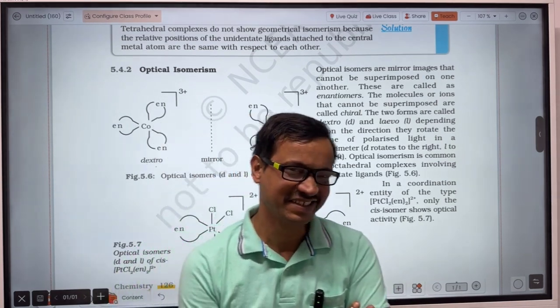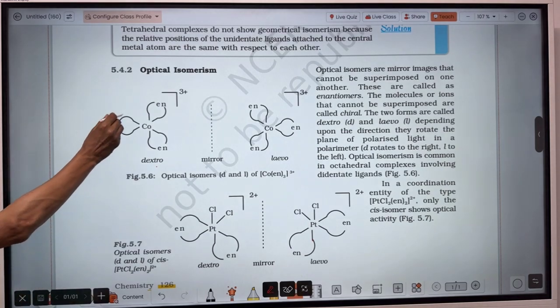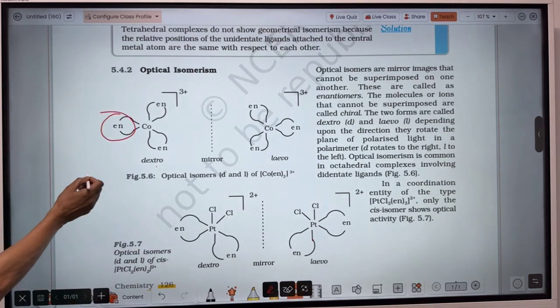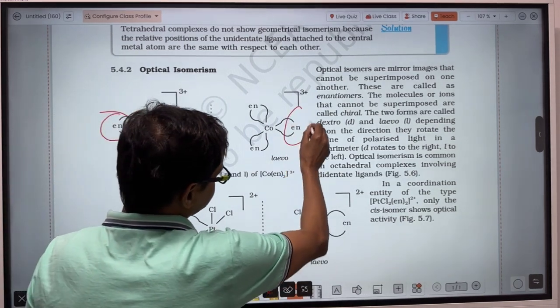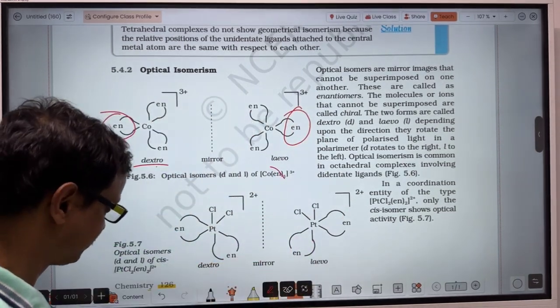Okay, so let's check in this compound. Here ethane 1,2-diamine is towards the left, so the compound will be dextrorotatory. Here ethane 1,2-diamine is towards the right, so it is levorotatory.